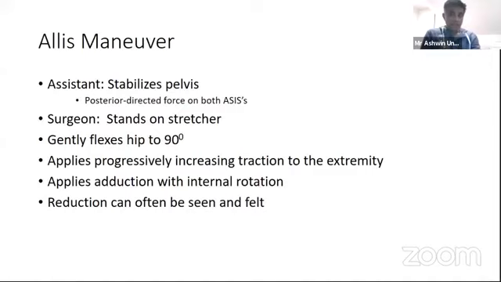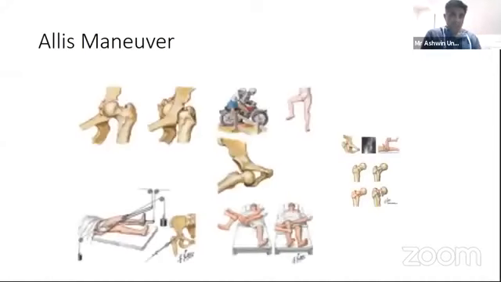Now, if you look at it, you can imagine there are various forms of pushing the hip, with one person stabilizing the anterior superior iliac spine or the pelvis, and the other person pulling it. You can also do traction if you want to. Majority of the times it will come by manual traction, but you certainly can do a traction, or you can put a Steinmann pin into the hip joint.